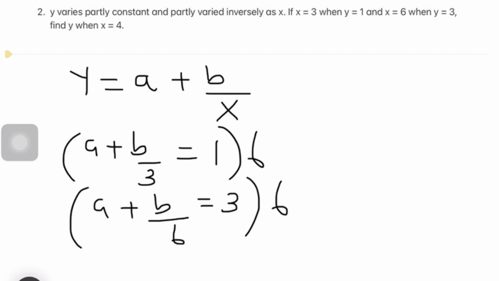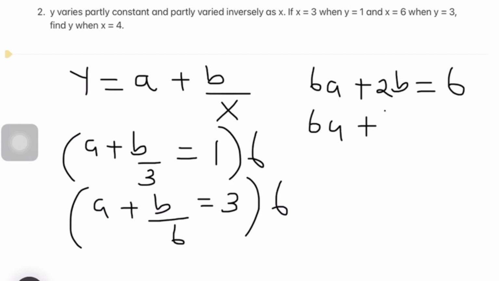So you get the LCM of the 3 and 6, and the LCM is 6, and then you multiply the first equation and the second equation by that LCM. All right, so this is going to be 6a plus 2b is equal to 6, and 6a plus b is equal to 18.